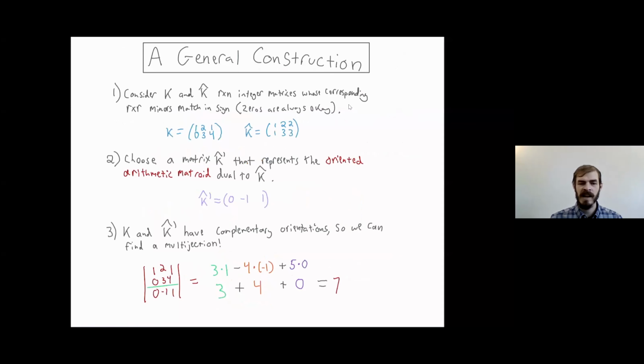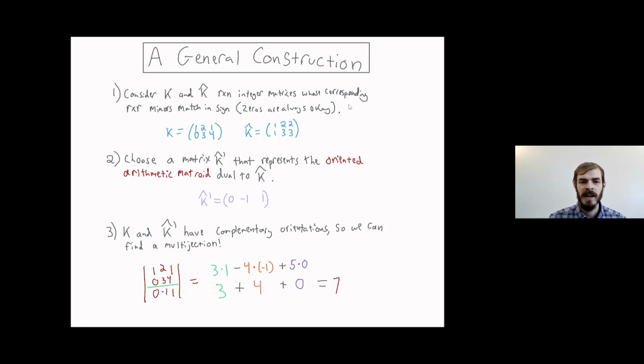And in more generality, if we start with two matrices whose corresponding minors match in sign, so for example, we could have K and K hat be the same matrix. That's a lot of what happened in the Sampao group case. Or we could have both of them be positroids of the same rank, or represent positroids of the same rank, people interested in that. Really anything where their minors match in sign, where zeros are okay.